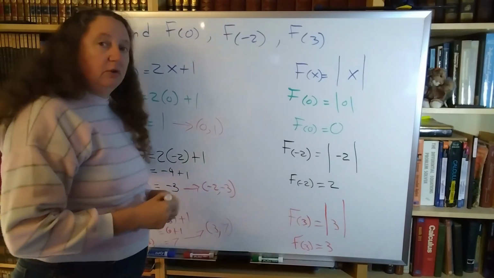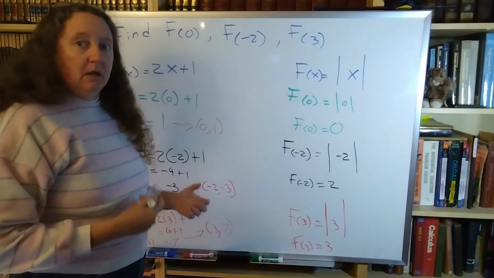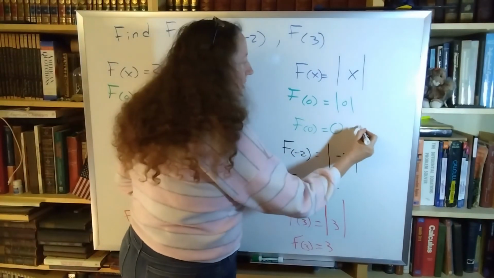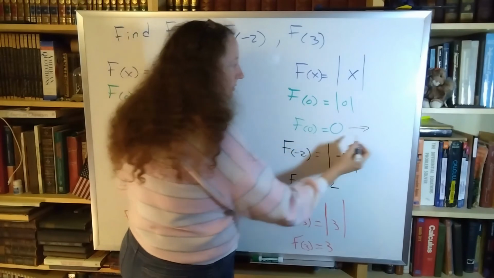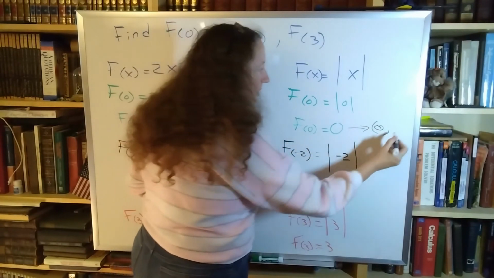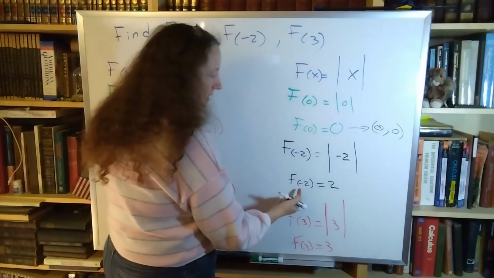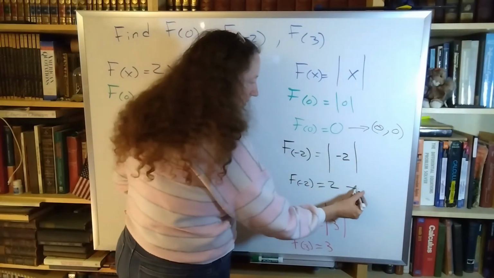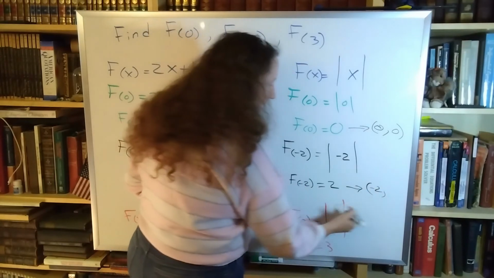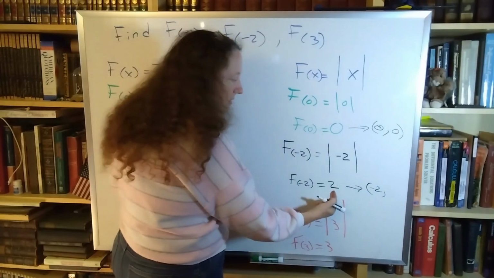So writing these in ordered pair form. This one becomes x is 0, comma, y is 0. This one, my x is negative 2, comma, my y is 2.